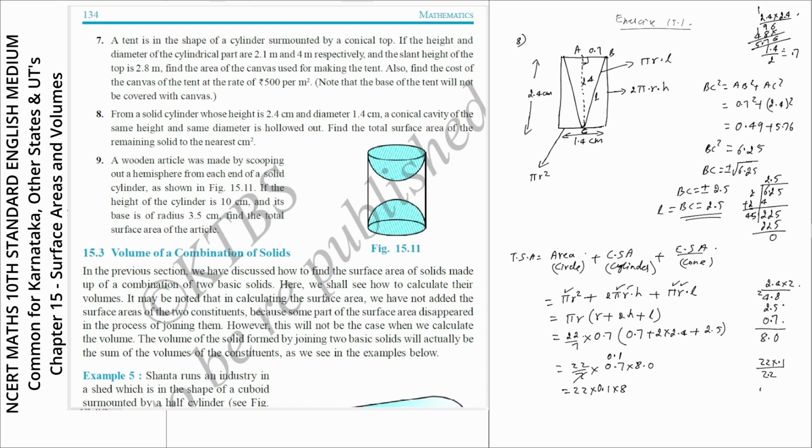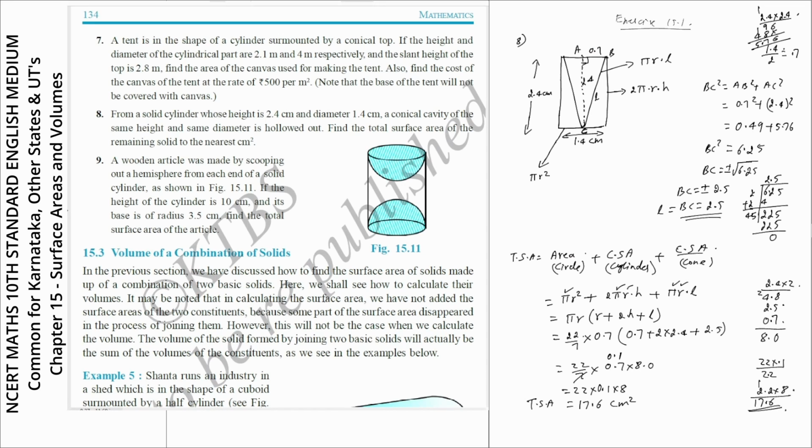Okay, now 2.2 into 8, 8 2s are 16, 8 2s are 16 plus 1, 17, so 176, that means 17.6. Total surface area is 17.6 centimeters square. If you check the answer, in the answer it has been given as 18 centimeters square.